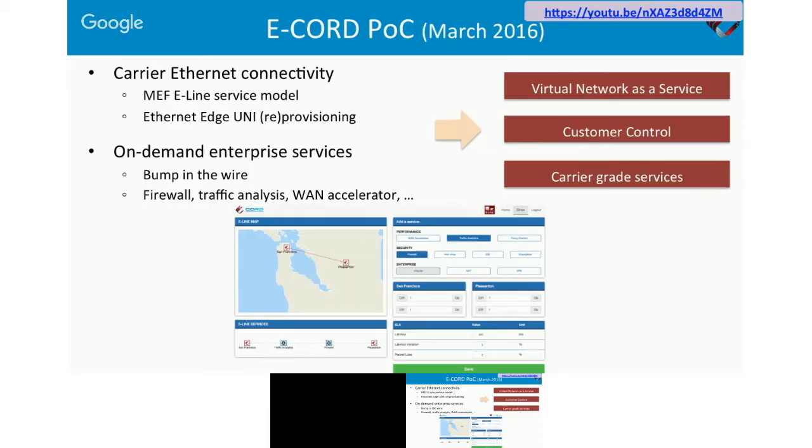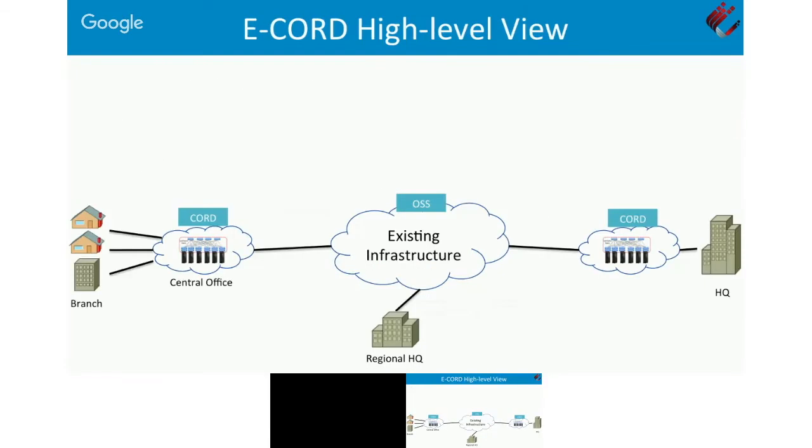Now I want to go over the design and implementation of eCord as it was demoed in March. Under the hood, we have multiple central offices connected together by a metro core or a transport network. I'm probably going to use those terms interchangeably.